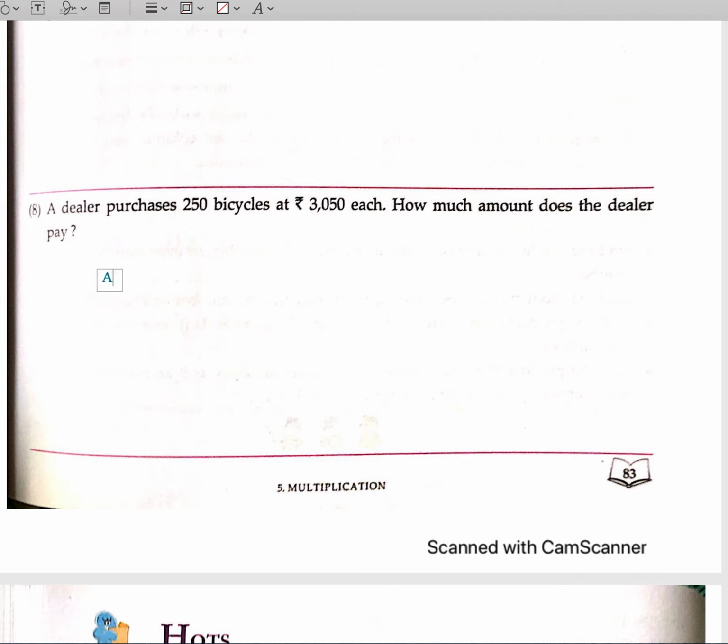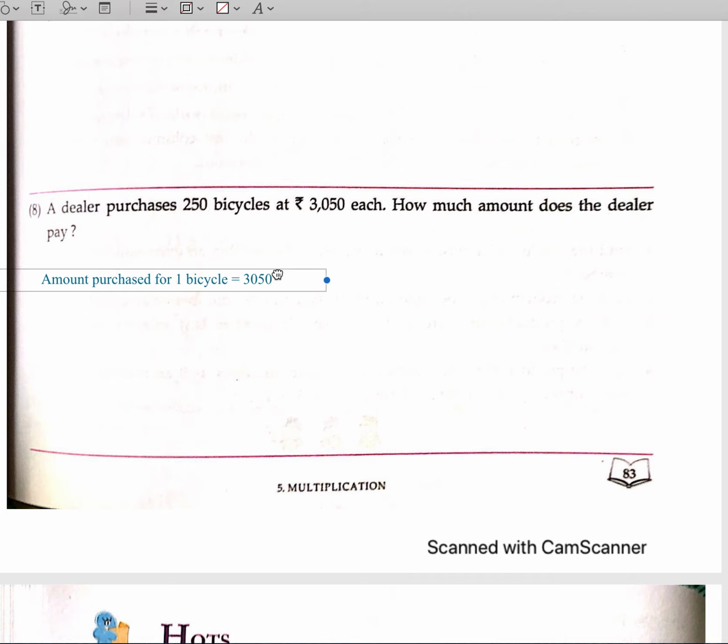So we'll write amount purchased for one bicycle will be equal to 3050.